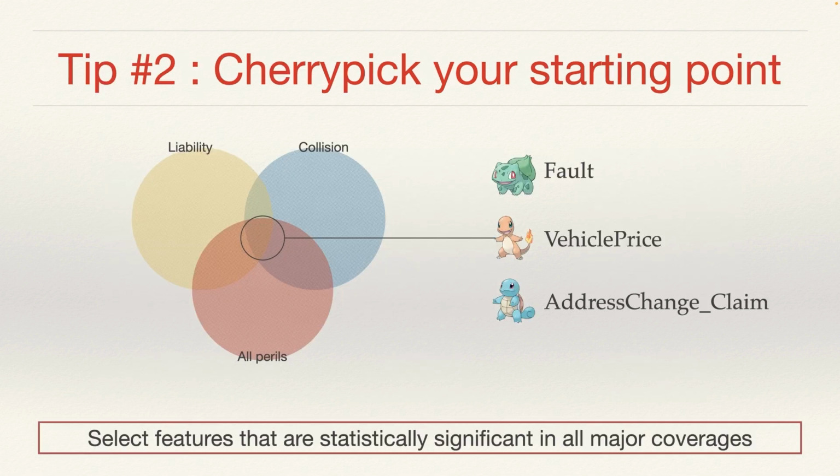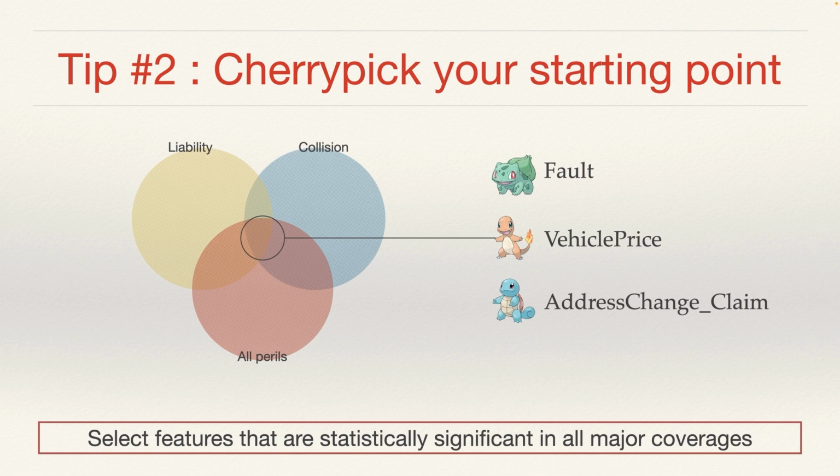Now, to start with choosing a starting point, we have to find features that are statistically significant in all major coverages. So we have three different coverages: liability, collision, and all perils. And what we need to do is select columns that commonly appear statistically significant in all of these coverages.